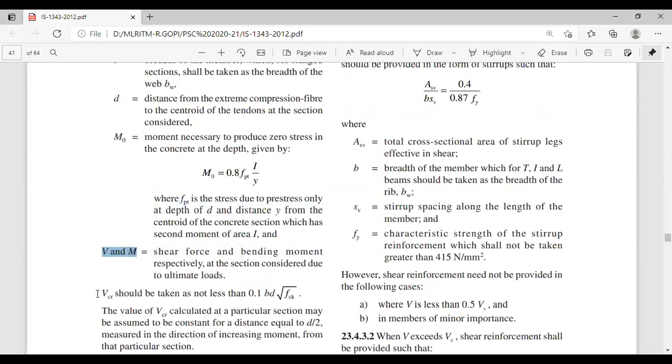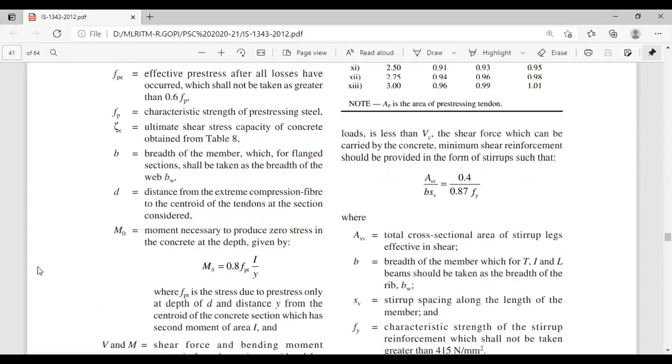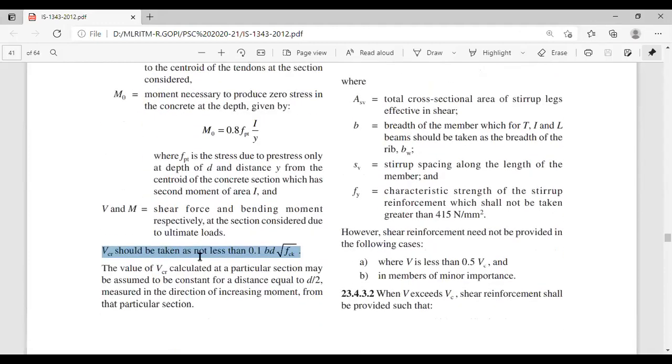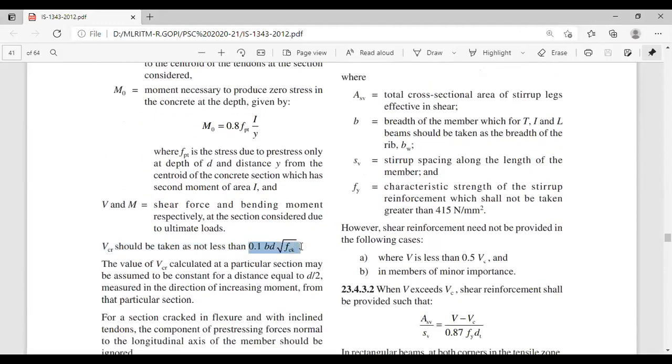Okay. Next, Vcr should be taken as not less than 0.1 b d root fck. So this Vcr value should be greater than 0.1 b d root fck. First we have to take the formula, calculate Vcr, and also consider this value.